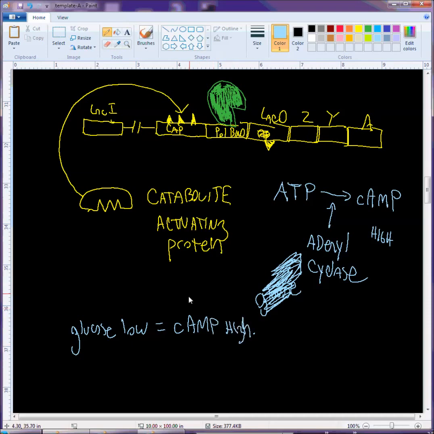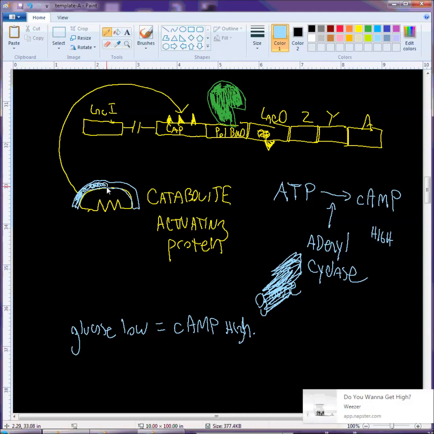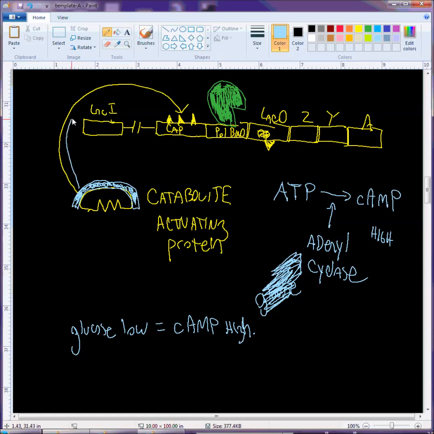This is good because when glucose is low, if lactose is around, we want to start using lactose instead. This is our cyclic AMP shape right here, this little blue rainbow or horseshoe. It's going to bind to CAP, and then CAP is able to bind to the CAP binding site. So I should diagram it like this.